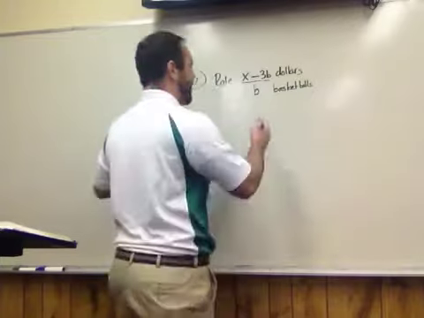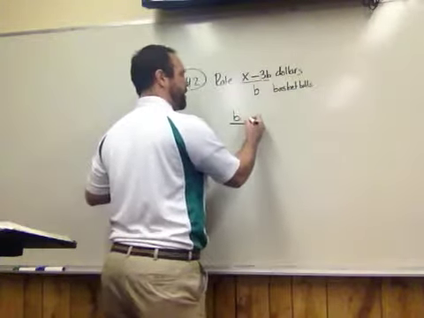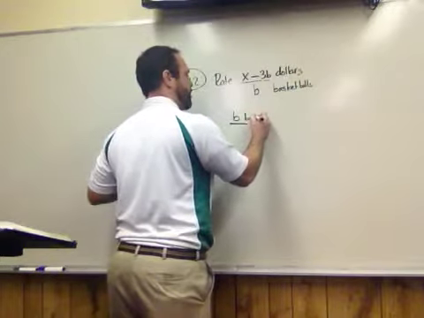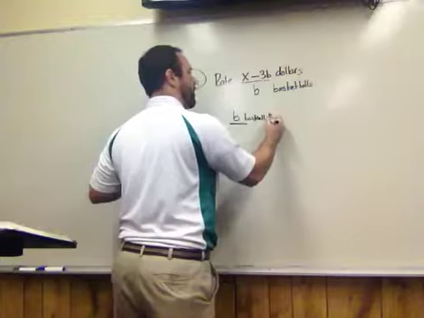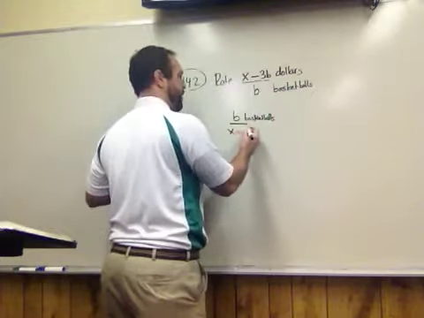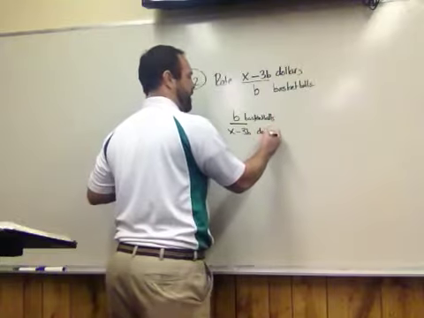So I'm going to switch this around. I'm going to put that my rate is B basketballs, and then we're going to put my X minus 3B dollars in the denominator.